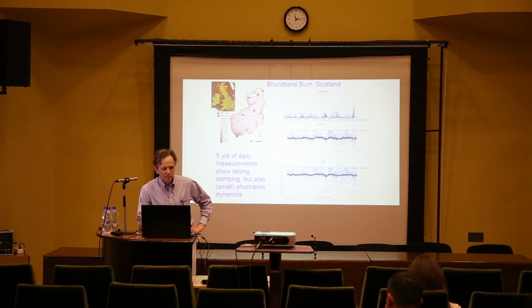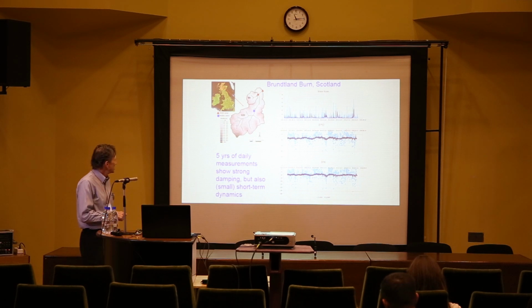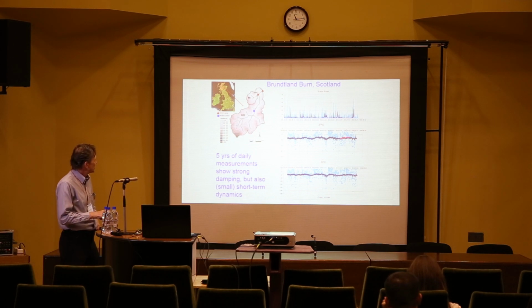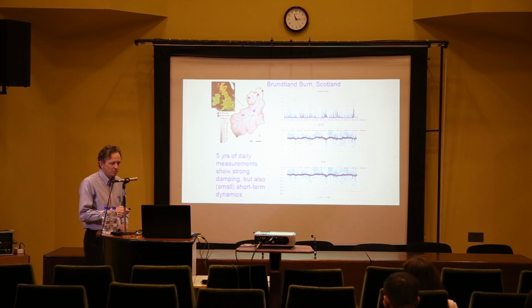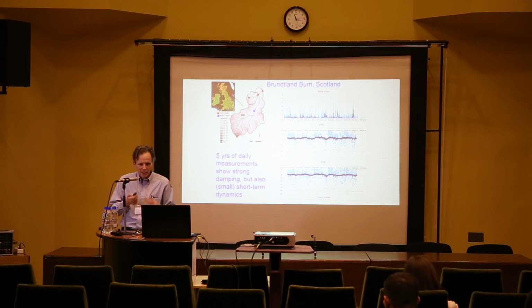Here's data from another site in Scotland, where our colleagues have collected isotopes in rainwater and stream flow actually every day for several years. And you can see that the rainfall fluctuations are very strongly damped in the stream, but you also see that there's some dynamics there.